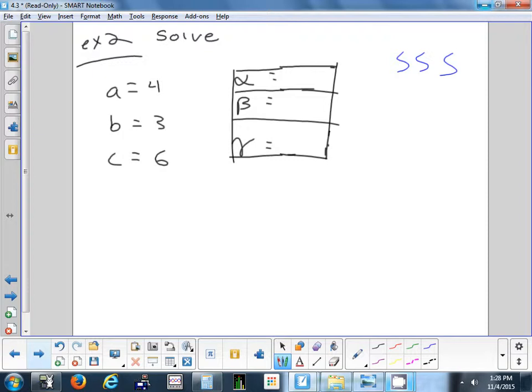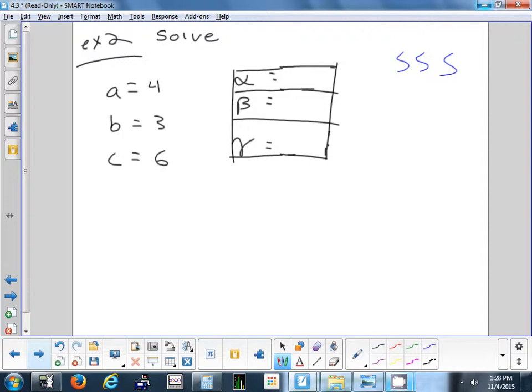Anybody think they can give me my whole equation that has cosine alpha in it? If you have to look back, that's fine. Just tell me what I would have to plug in.